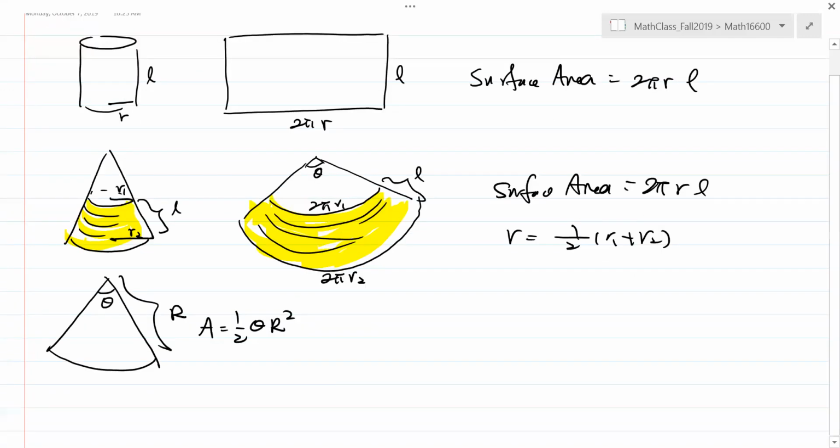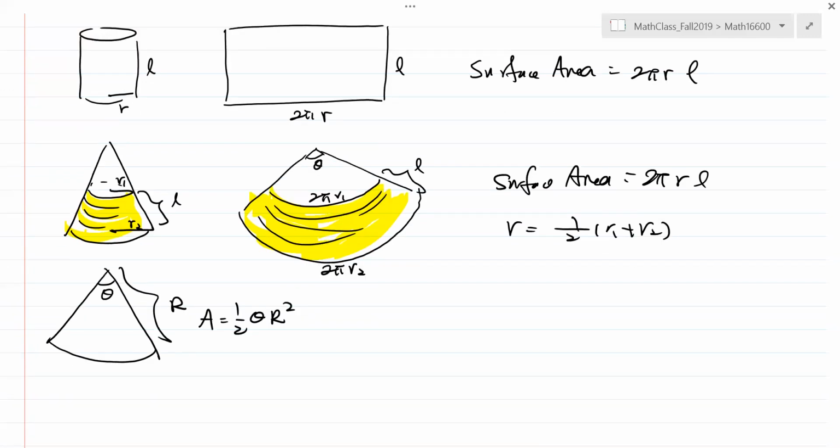Then you take the difference of the areas of the two sectors, you get the area of the remaining part, and you end up with that formula. You probably have to introduce capital R, and this is R2, so L gives the difference of those two. I'm not going to spend too much time on that.